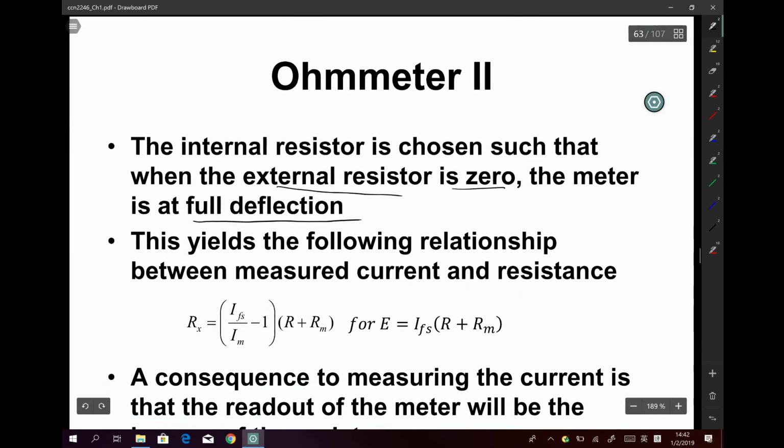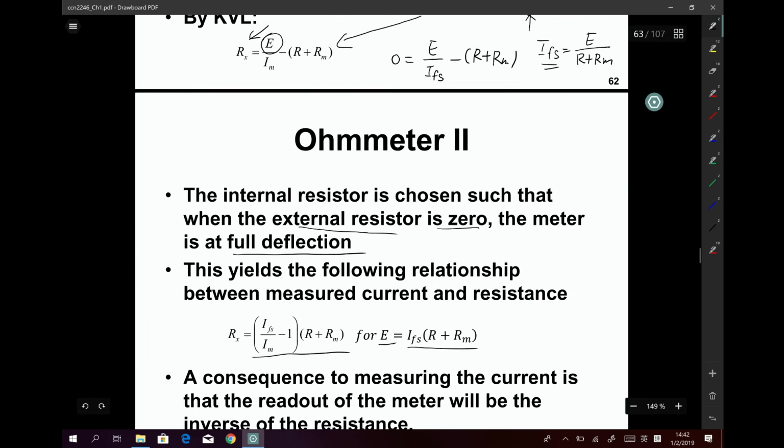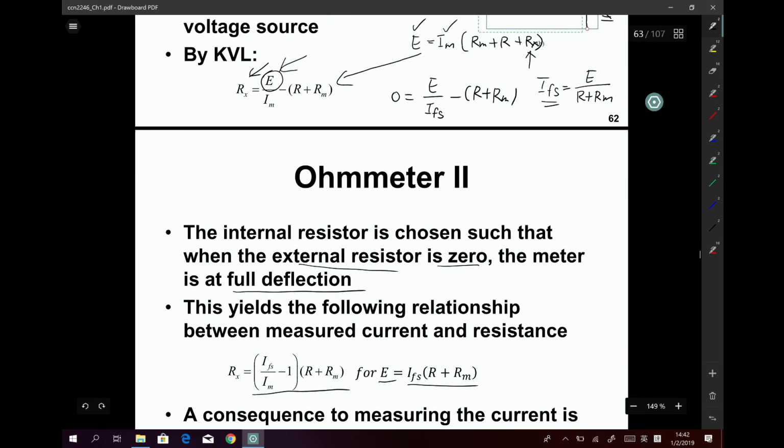So you have another formula to represent Rx. After you make the substitution, Rx becomes Ifs over Im minus 1 times R plus Rm, because you can substitute E equal to Ifs times R plus Rm. And then you can find another equation to calculate Rx.